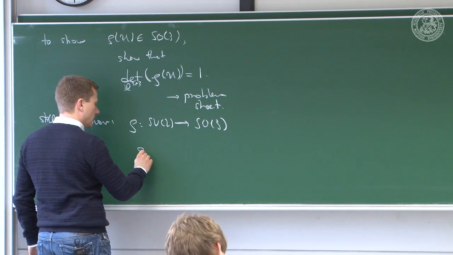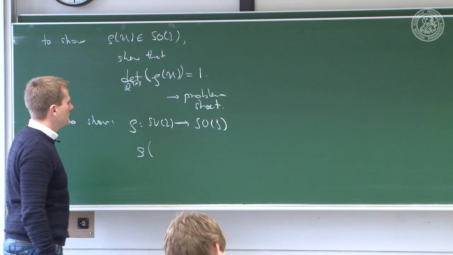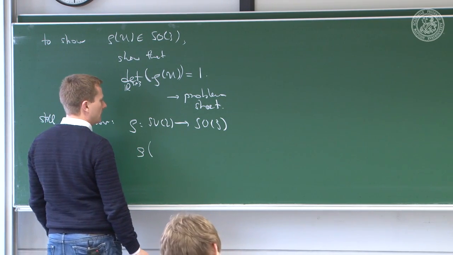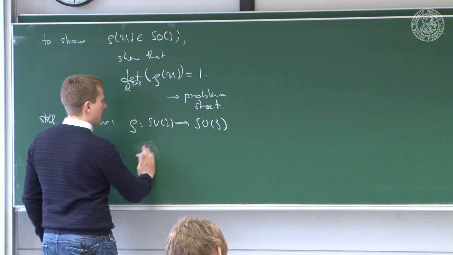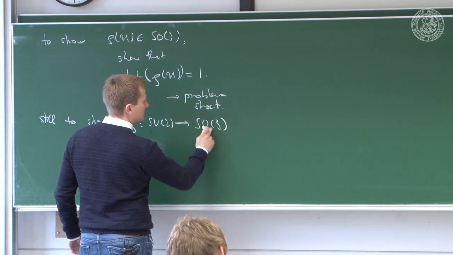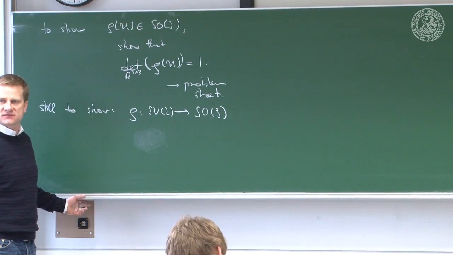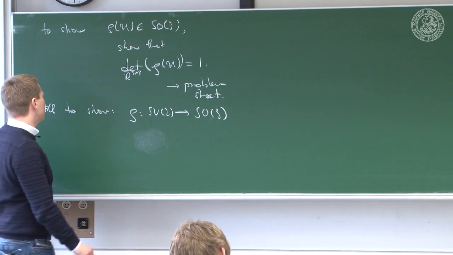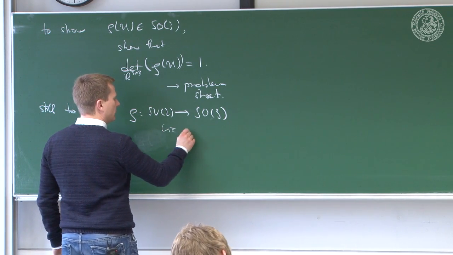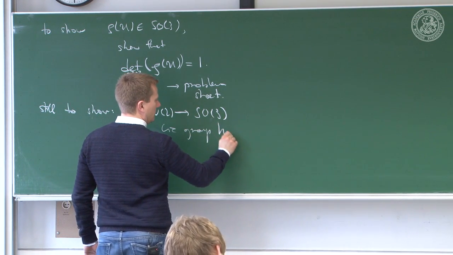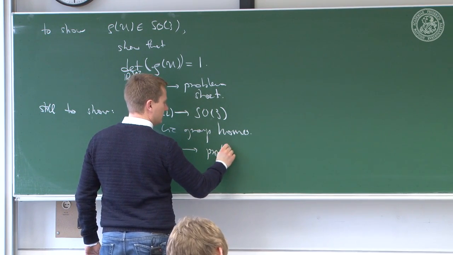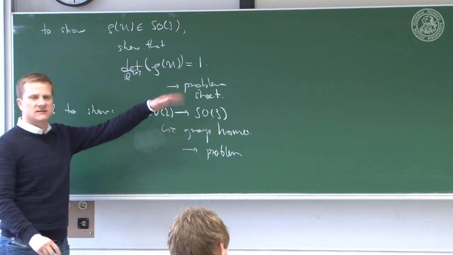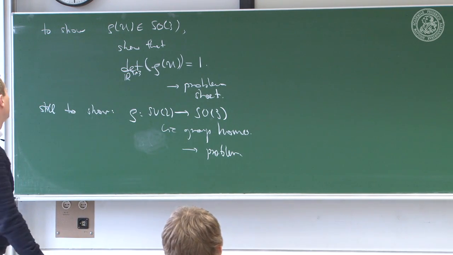So rho of two elements from here, one after the other, is the same as the composition of the images here, right? I also leave this to you, because it works like the stuff we did before, problem sheet.